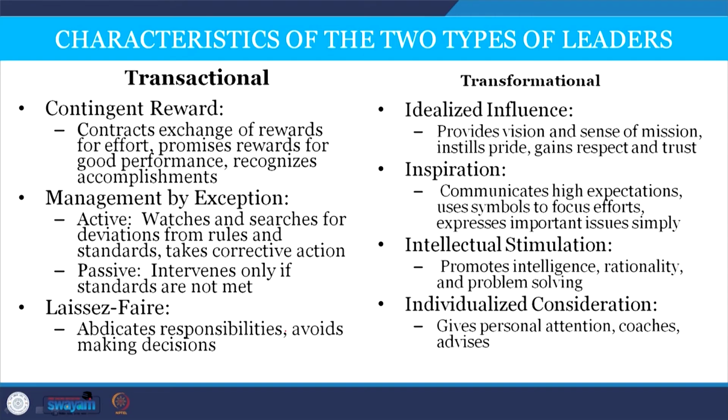The strategy is to intervene only if standards are not met. The active strategy is to take corrective action when the standards are not adhered to, and in the passive strategy the leader intervenes only if the standards are not met, otherwise the leader does not intervene. So, management by exception is also one of the important points covered under the transactional leadership style.